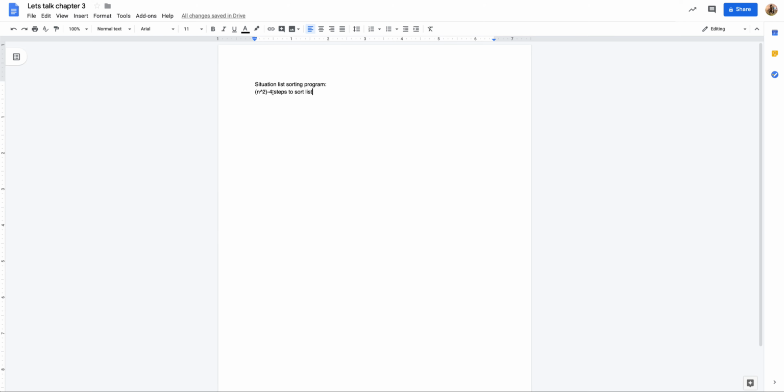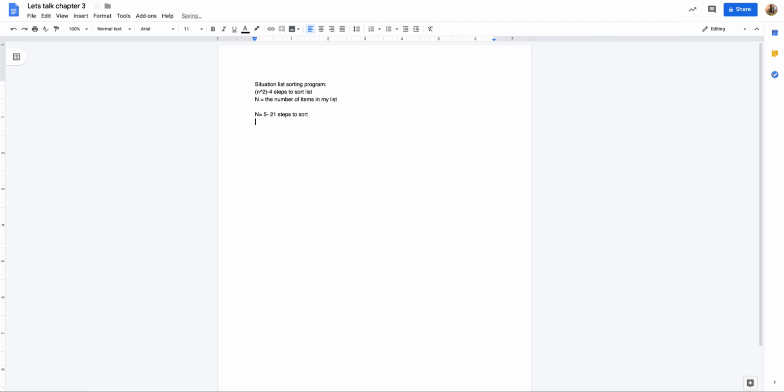And remember, this n squared minus 4 will be the worst case situation, because we always just measure the efficiency of algorithms by the worst case. So let's say n equals the number of items in my list. If I have 5 items, then it'll take me 5 squared minus 4, which is 21 steps to sort.